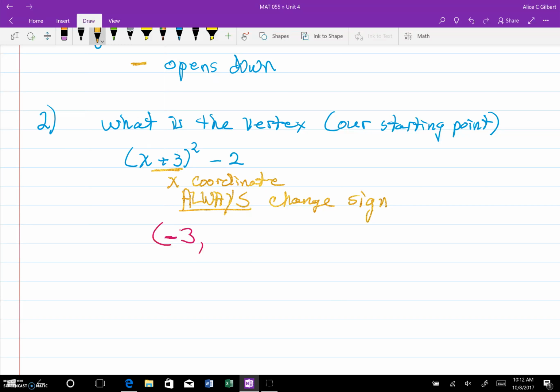Then our y coordinate is always outside of the x. Whatever's outside of whatever's going on with the x, we keep the sign.